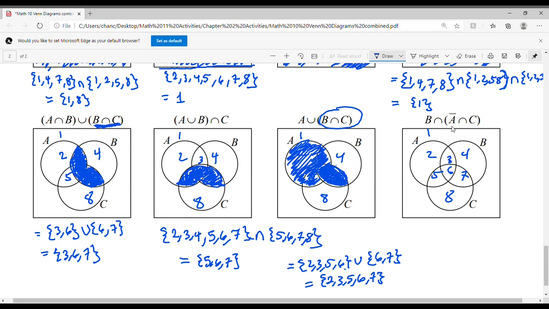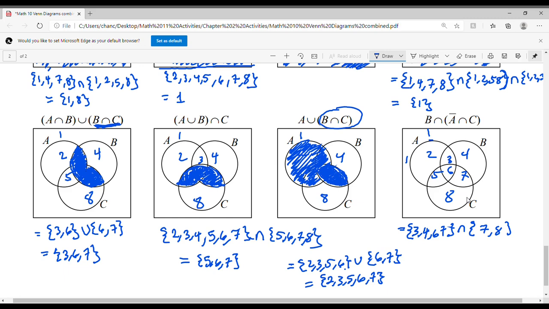And for the very last one, we'll have to do A complement intersect with C. Then intersect that with B. B is equivalent to 3, 4, 6, 7. I'm going to intersect that with A complement intersect C. A complement is everything outside of A, and intersect that with C. So that's just 7 and 8.